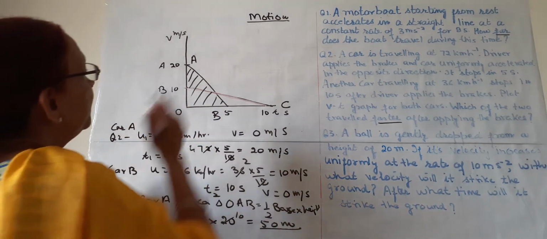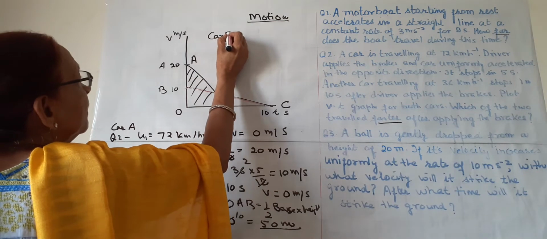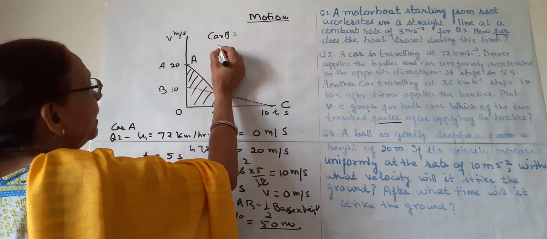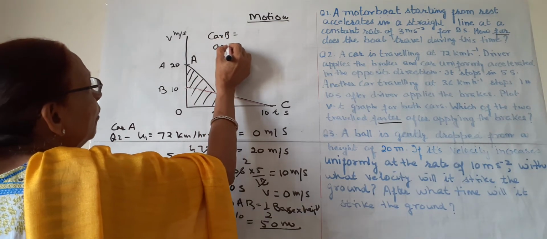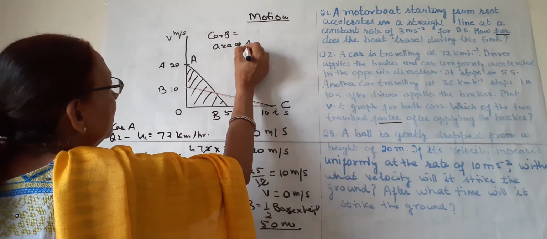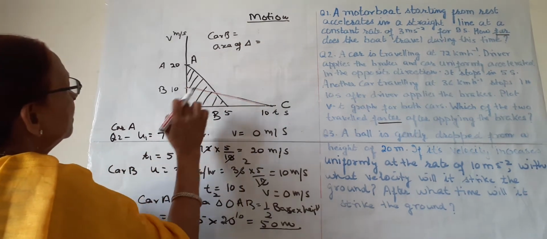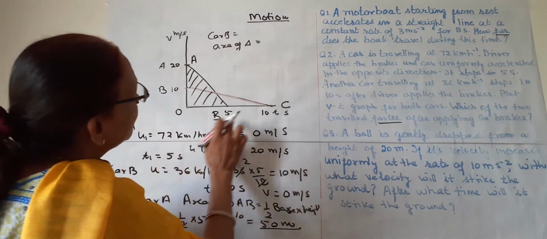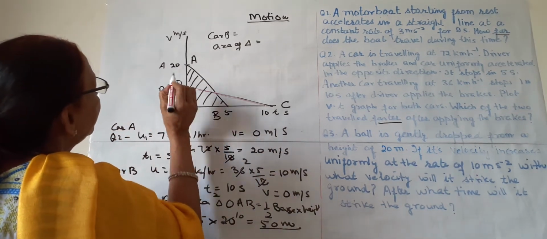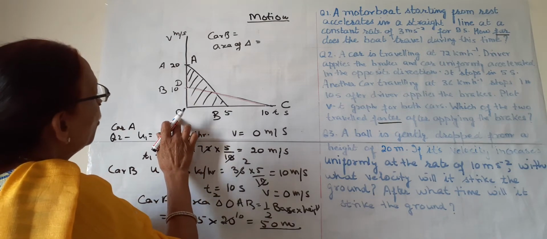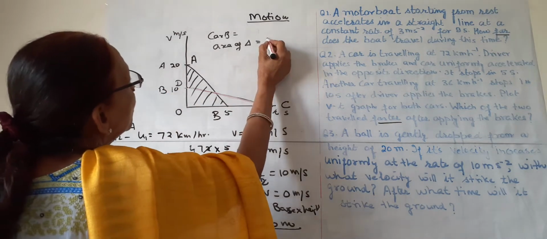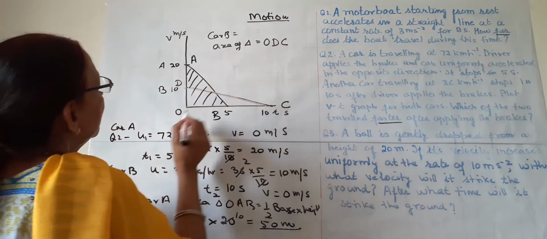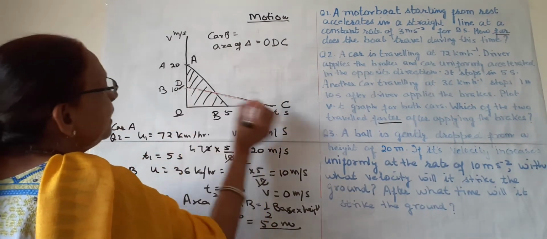Now for car B, the distance traveled will be the same. Area of triangle. Which triangle? I have written O, A, B, C. Suppose I write D here. So the triangle ODC.